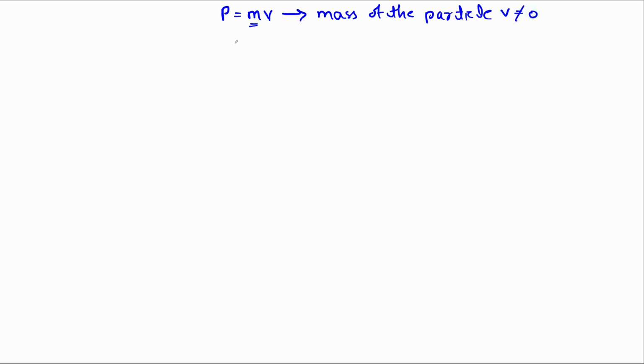Now let us consider the same equation written for the rest mass. In that case we can write it as p is equal to m naught v divided by under root 1 minus v square by c square. Now squaring both sides, take it as equation number 4.